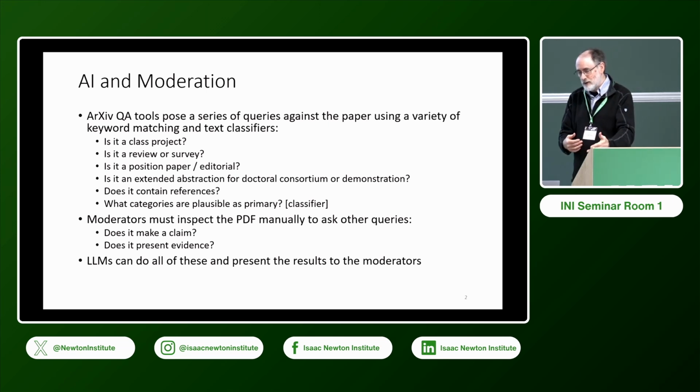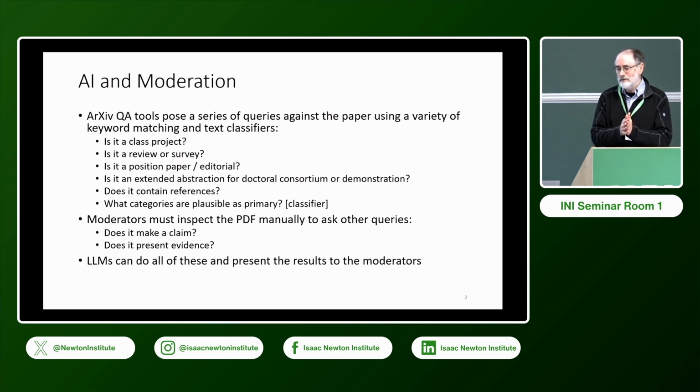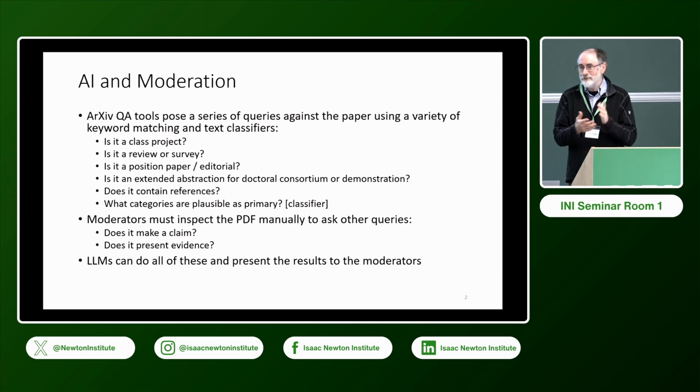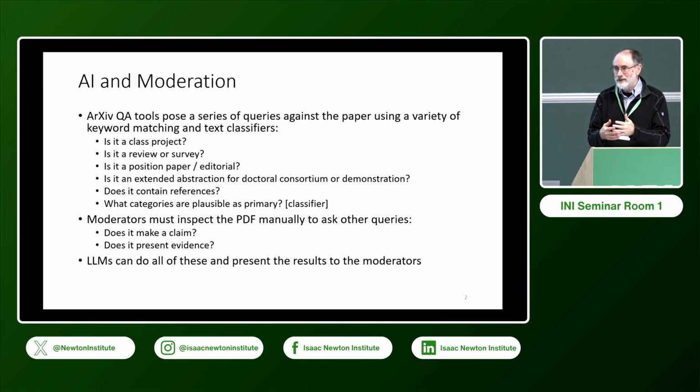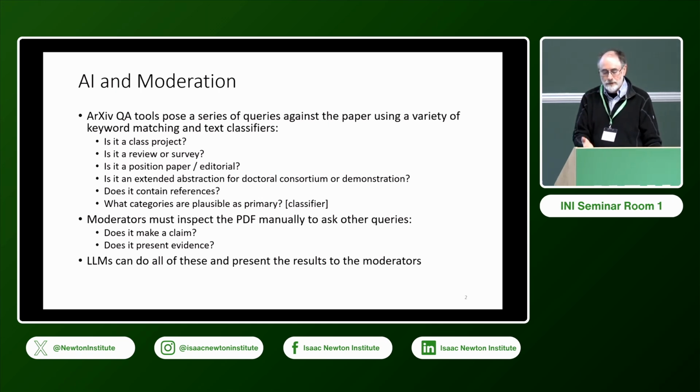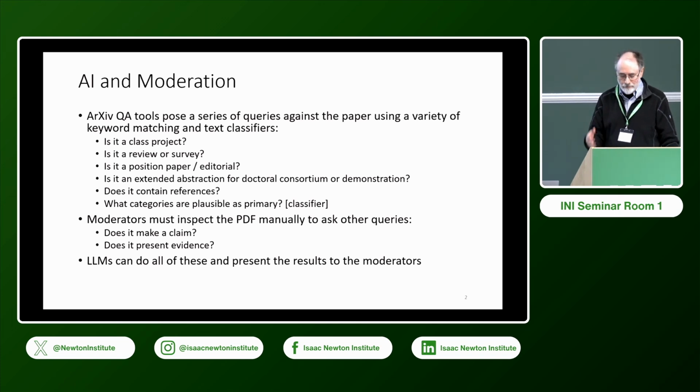It could be a proof, a theorem, or it could be experiments. But we require that to be a paper, to be scientific in some sense, it needs to have a claim and evidence. And if we can't find those opening up the paper, then we don't release it. These are all things that I think the LLM could do quite well and would be a big improvement over what we have, making our moderation process faster.